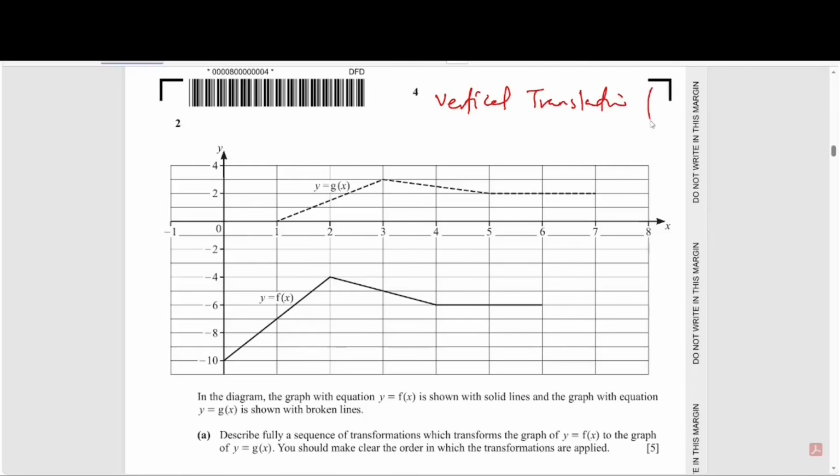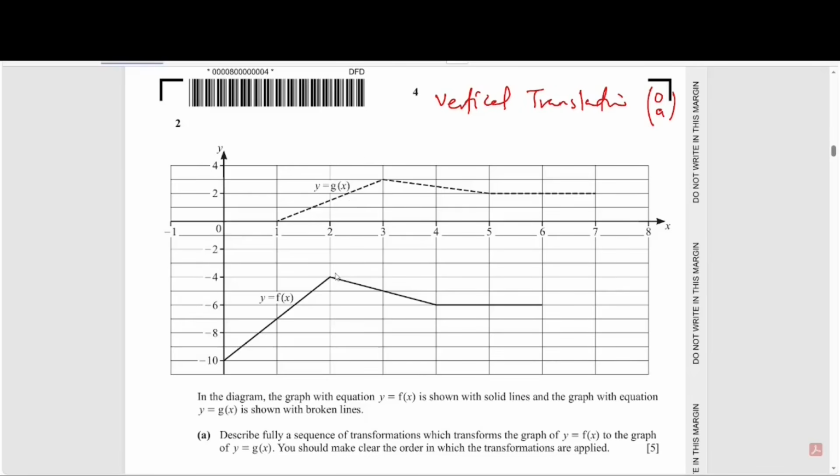Vertical translation would mean the x component is 0 and the y component is the number of boxes by which the graph was translated vertically, and it's going to be positive because it is shifted upwards.